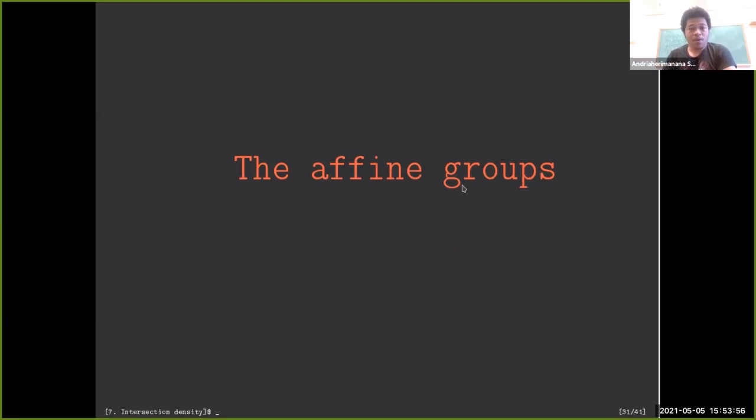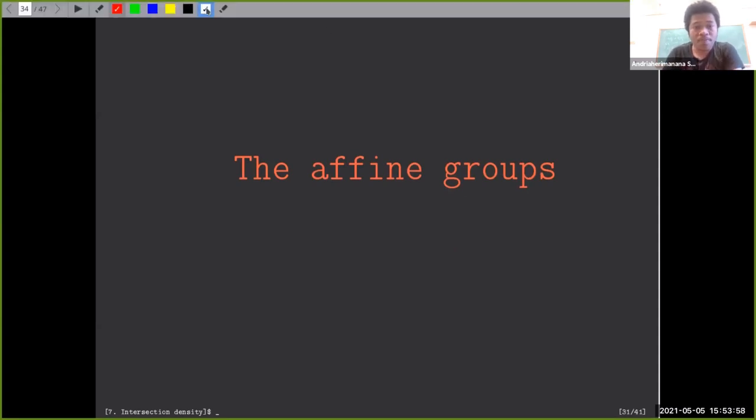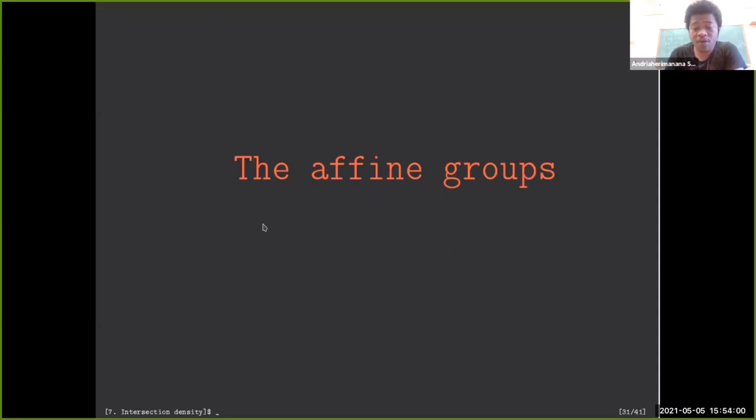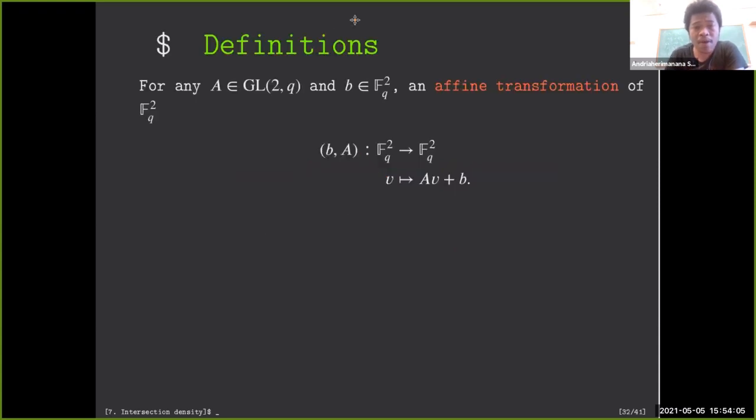Okay, so now I'm going to talk about the EKR property of the affine groups. First of all, I'm going to recall what an affine transformation is. We take a matrix A in GL_2(q) and a vector B in the vector space F_q squared. An affine transformation in this case is a map of this form.